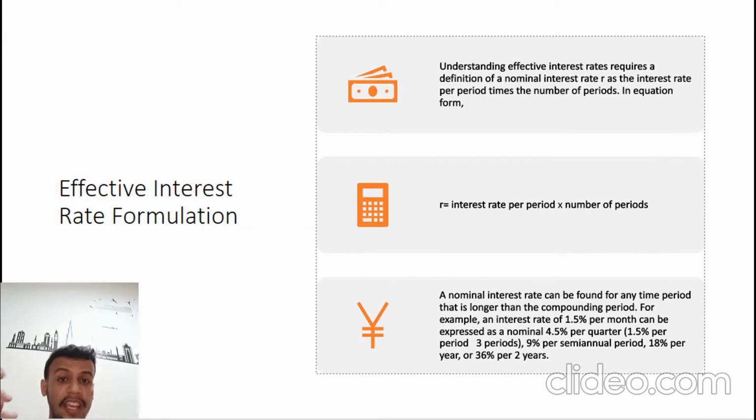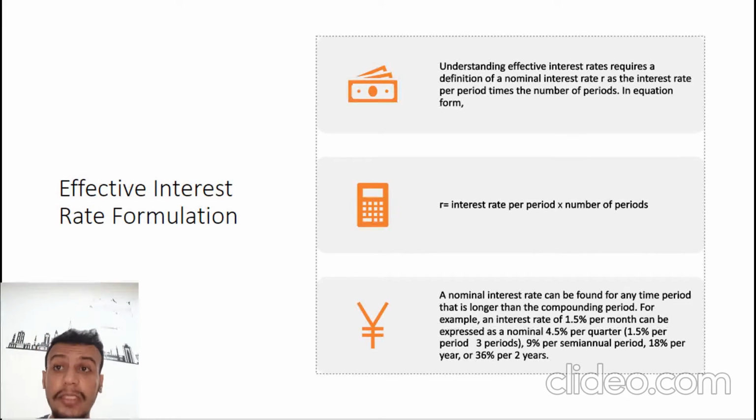The equation is R equals interest rate per period multiplied by the number of periods. Let's continue to explain more.